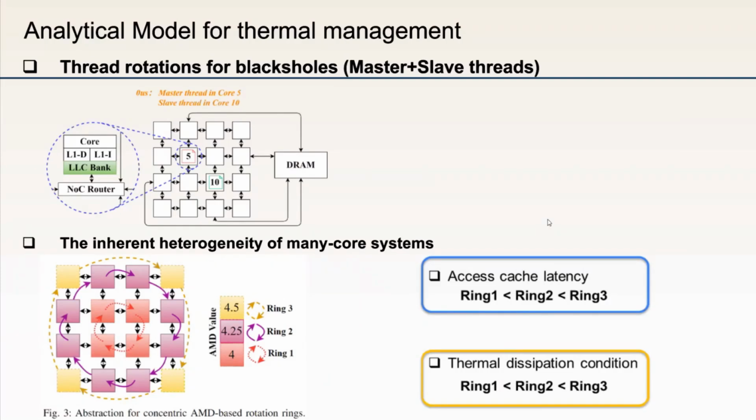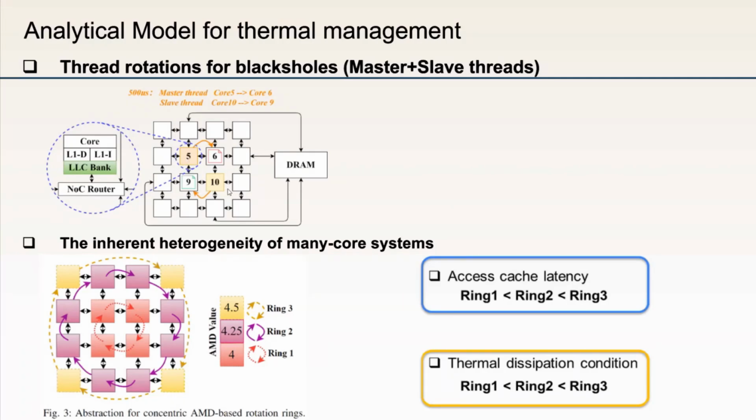This is a simple example. We run a 2-thread Black-Scholes workload on a 16-core system under thread rotation to prevent thermal violations. For example, the 2 threads are initially assigned to core 5 and core 10.